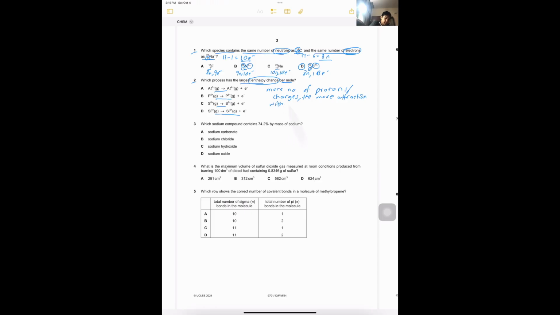with the nucleus and outer electron, and for that reason more energy is needed. This means that the enthalpy change is more.